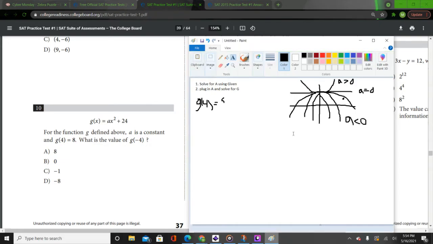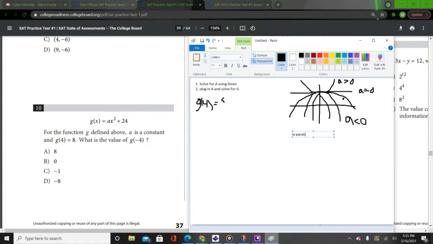That means it's mirrored across the y-axis. So it doesn't even matter what a is, considering it is mirrored.